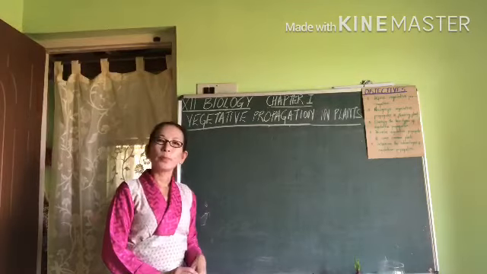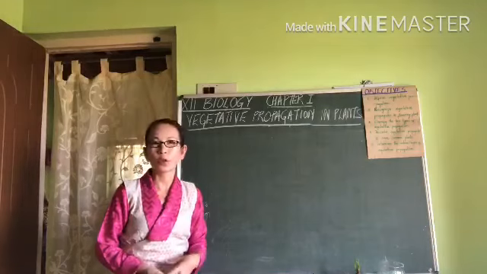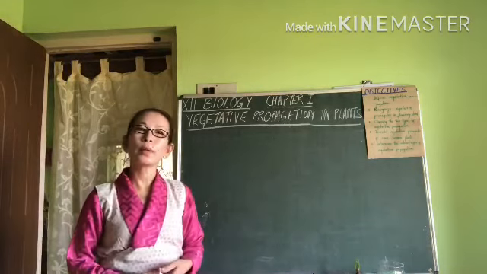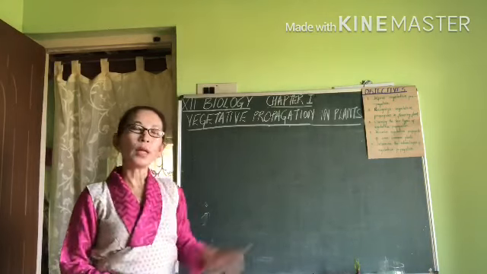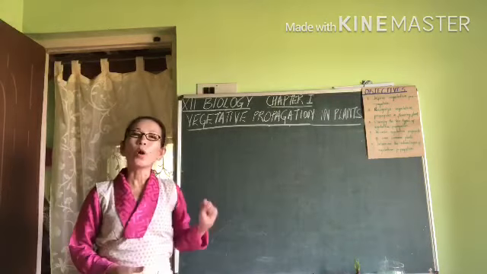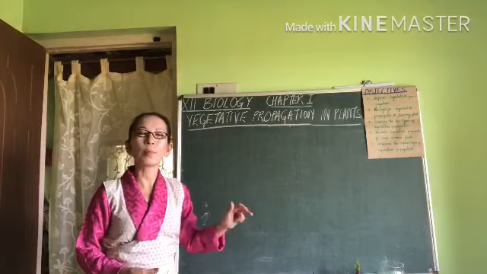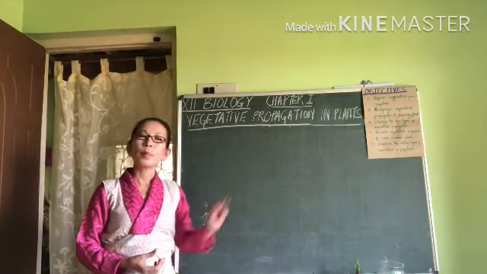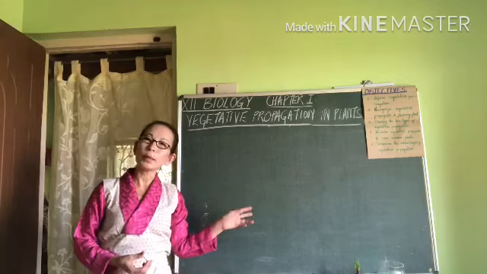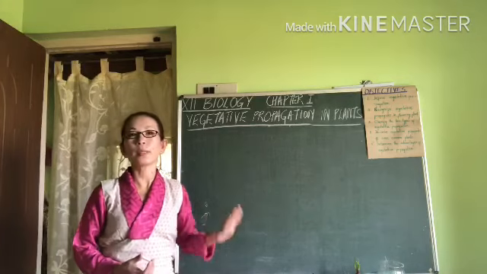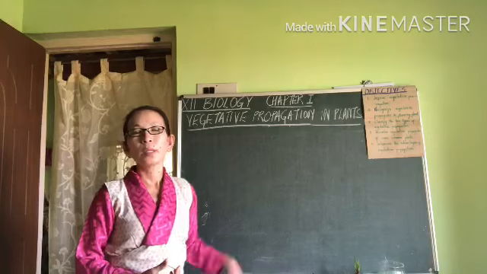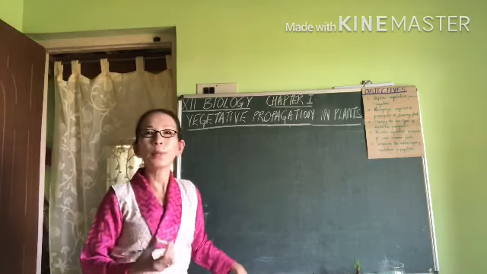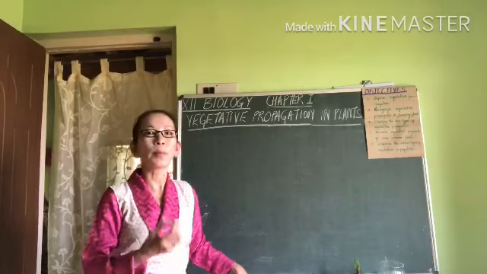Vegetative propagation in plants is a kind of asexual reproduction. Now, how does it become asexual reproduction? The reason is, in vegetative propagation, we only have the use of a single parent. And secondly, because there is no involvement of gametes, or because there is no involvement of fertilization, the new plants that are obtained through vegetative propagation are all completely identical to the parent plant.